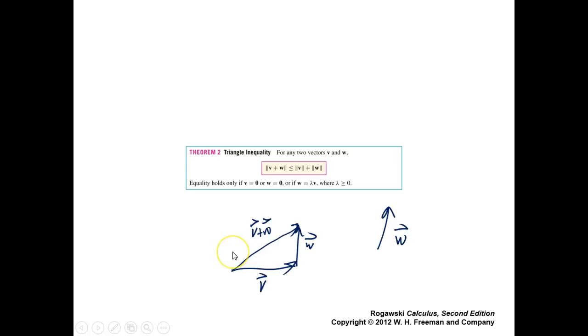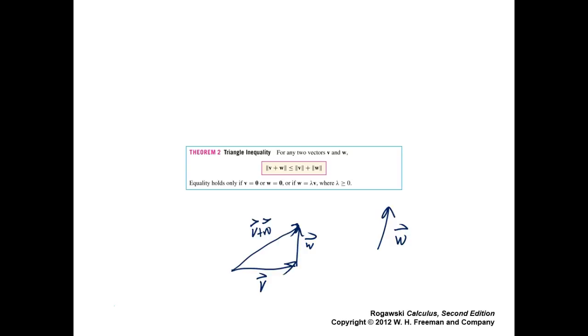Okay, take a look at this. The only way that this would be equal to that plus that is if V and W were on the same line. Anything else, and it gets shorter. If they were on the same line, then that would be V plus W. Any angle less than or greater than that, and this is going to be less.